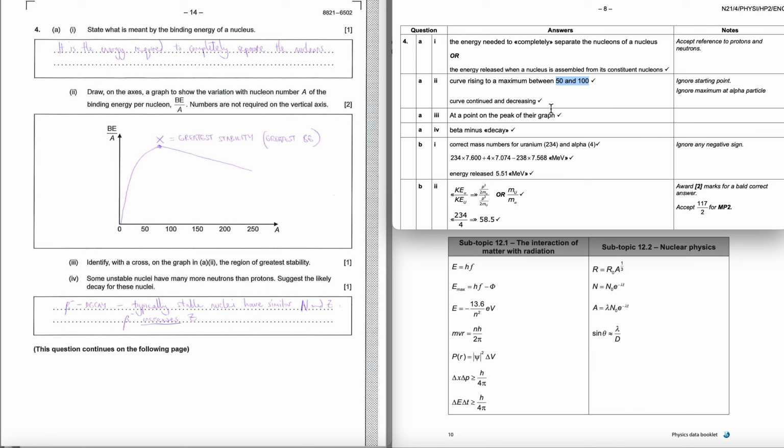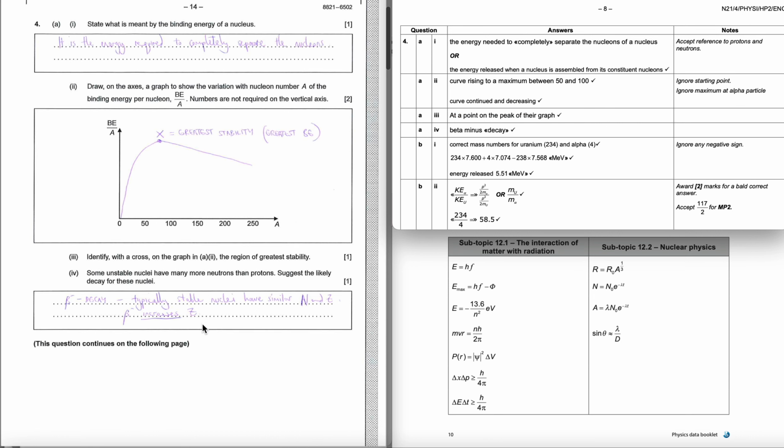Notice a couple of little details here. You're not worried about the starting point, and we're also not worried about the tiny maximum at the alpha particle, where the line isn't so smooth. No worries about that. We've identified with a cross the region of greatest stability, which is essentially at the peak of your graph.